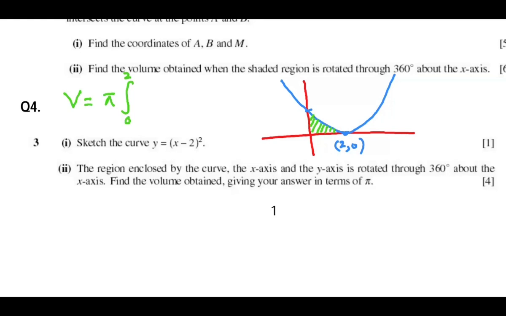So बताइए यहाँ क्या लिखूं? (x minus 2) whole power what? Whole power 4. क्योंकि y square mean, y is (x minus 2) square, and then there is a whole square. So that will become (x minus 2) whole power 4 into dx.